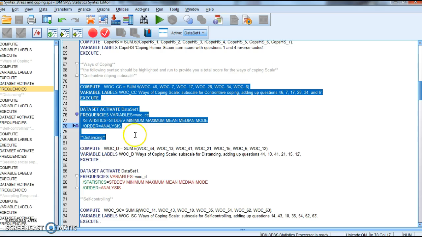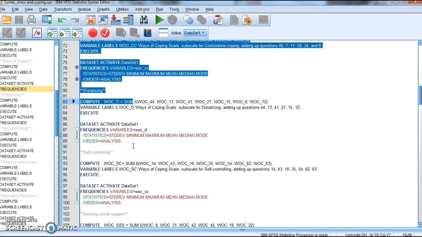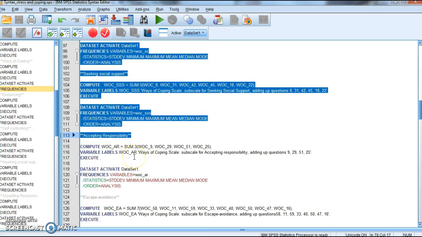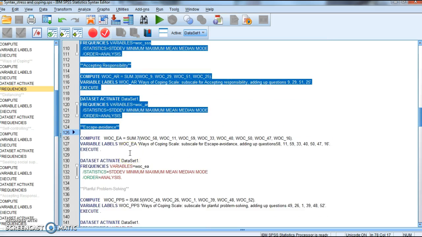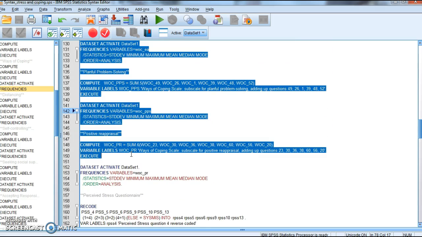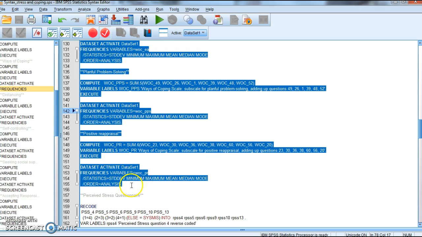I'm going to go ahead and highlight all this and run it at once. Distancing, self-controlling, seeking social support, accepting responsibility, escape avoidance, planful problem solving, positive reappraisal. Now you're going to see a lot of frequencies pop up because this is just going to provide this summary for each of those subscales.